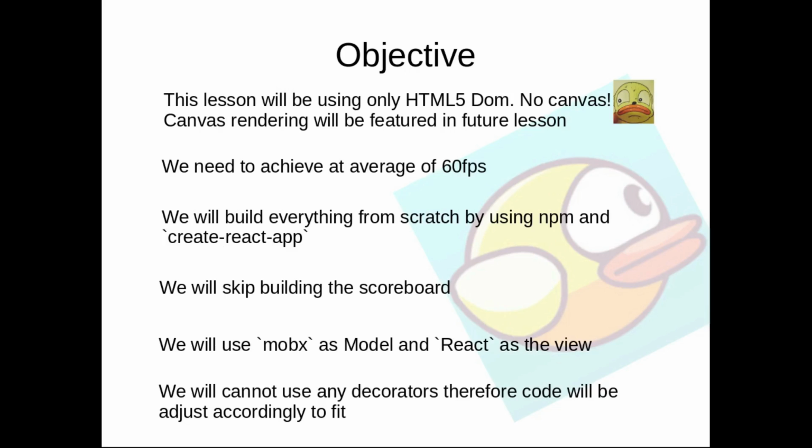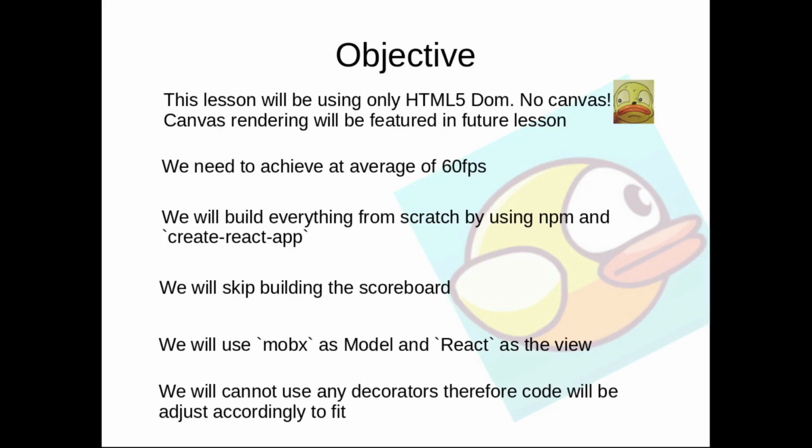We will not be using any canvas, although canvas is more preferred for HTML5 gaming. The canvas that I meant here is the HTML5 canvas. However, in the near future, maybe we will do a lesson on how we can do canvas rendering.